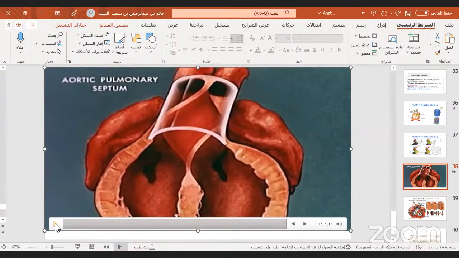So what is another congenital defect that can occur where you have two semilunar valves, but you have a failure of the partitioning, septation between the artery? Double outlet right ventricle, or even TGA.